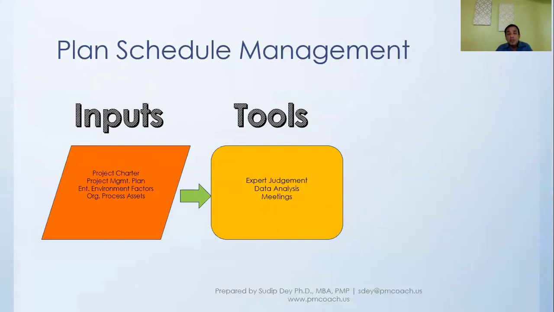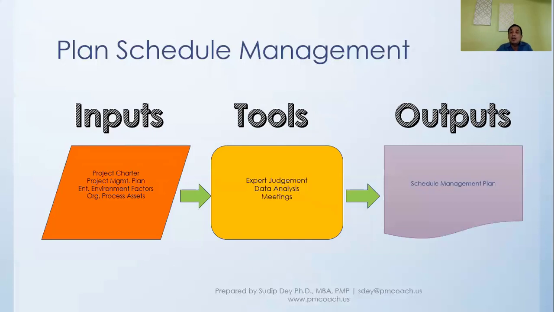What we do with this input is talk to experts, get their judgment, do some data analysis, and as an output, we'll come up with the schedule management plan. What is the schedule management plan? It is a document that will tell us how we should move forward in managing schedule.